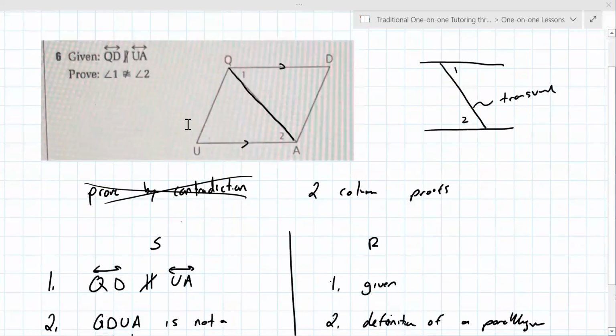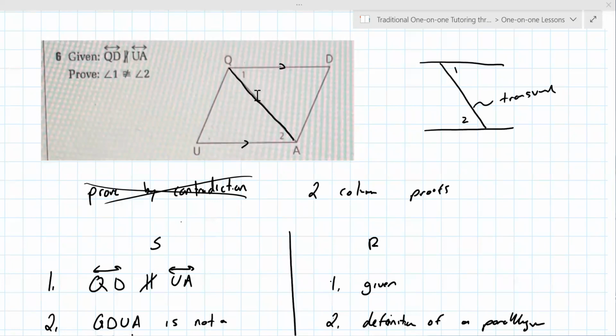So since it's not a parallelogram, we can say that angle U is not congruent to angle D. Okay, and that's a good start. And then we can say that QD is not congruent to UA. And we can even go further and say that UQ is not congruent to AD, and therefore the triangles are not congruent.